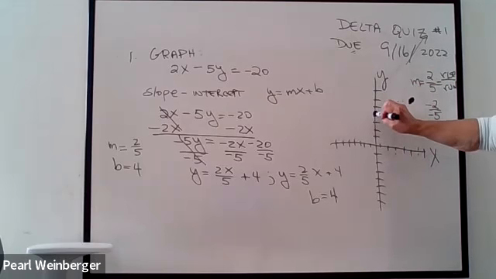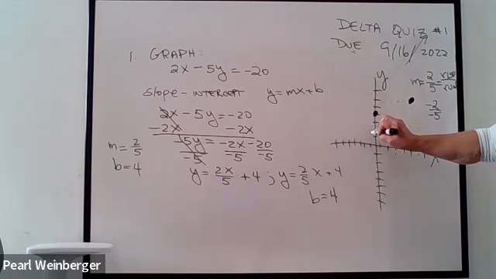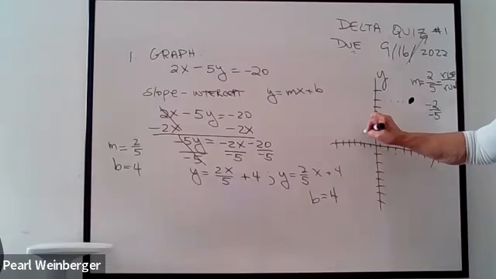I could have taken this as a negative rise, which means go down 2, but then a run of -5 means go to the left 5. 2, 3, 4, 5.